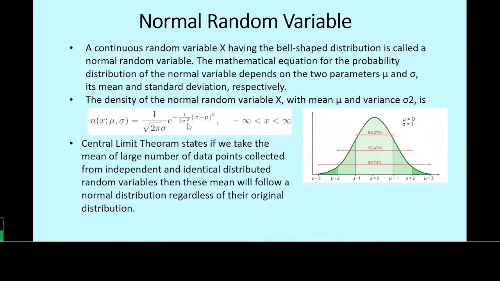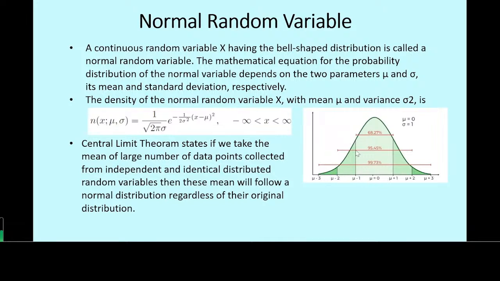In the exponent, it is minus 1 divided by 2 sigma squared, times (x minus mu) squared. The possible values for a normal distribution range from negative infinity to positive infinity.